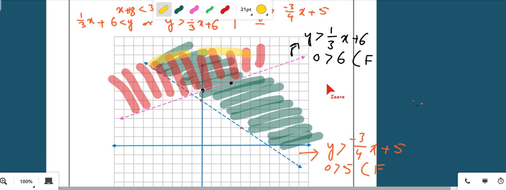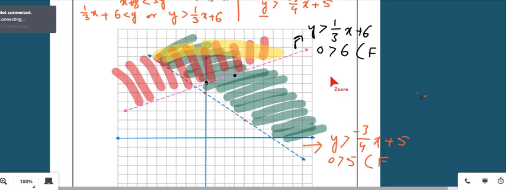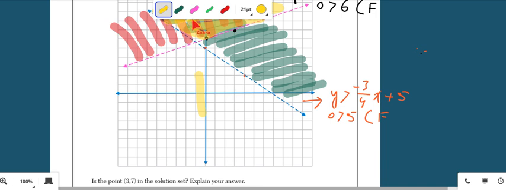It's this one. So there the solution lies. This is the solution region, where both colors coincide.